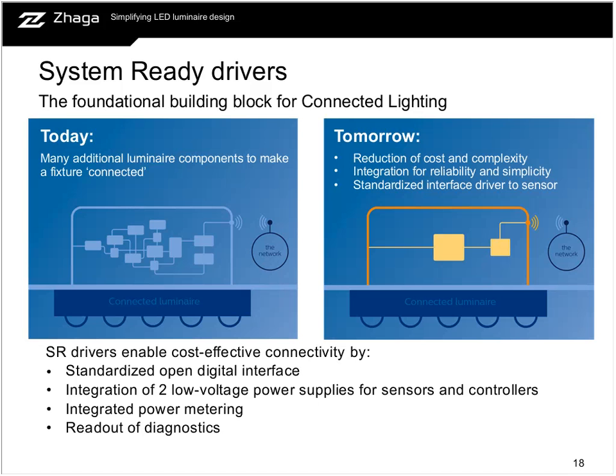In tomorrow's architecture, we will reduce cost and complexity by only having this SR driver in combination with the connectivity module and a standardized interface between the driver and this module. So that will ease the design-in complexity for the luminaire OEMs.